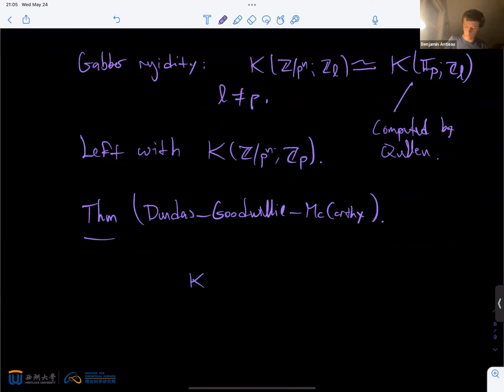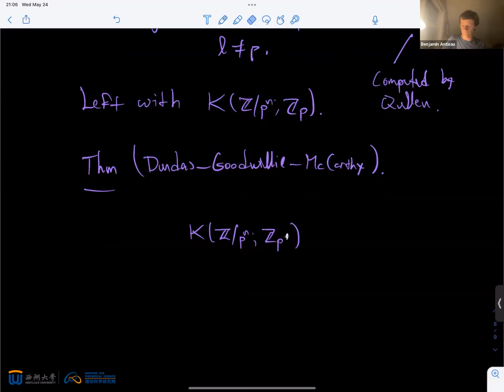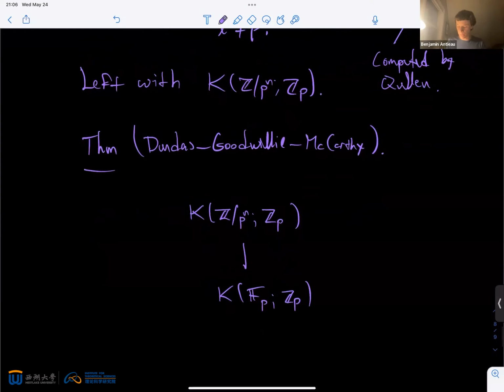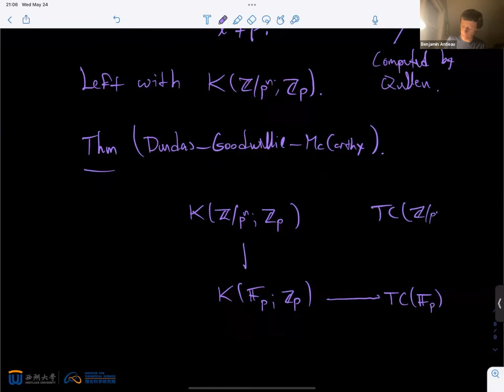It says if we want to measure the difference between the K theory of Z mod p to the n, and I'm going to redundantly put with p-adic coefficients, so I p-complete everything, and compare it to the K theory of F_p, which we know by Quillen, then there's something I can do. I can take this trace map, map to the TC of F_p, and map to the TC of Z mod p to the n. And this is a pullback square.